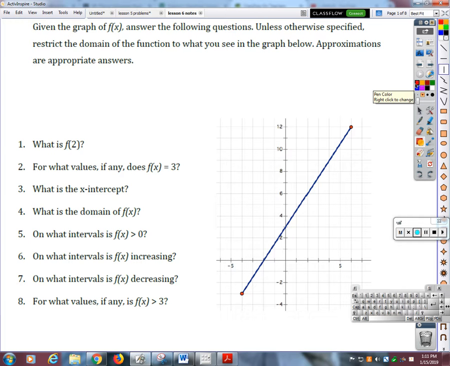If I go to x equals 2 and then go straight up to the graph, where's that? Jaron? 6. You see that? Okay.